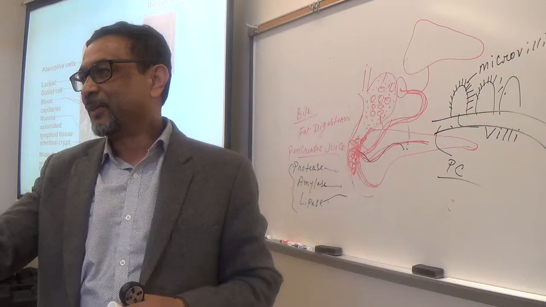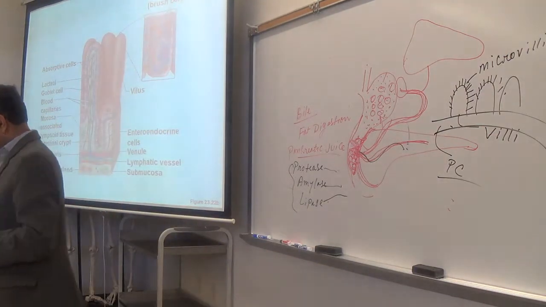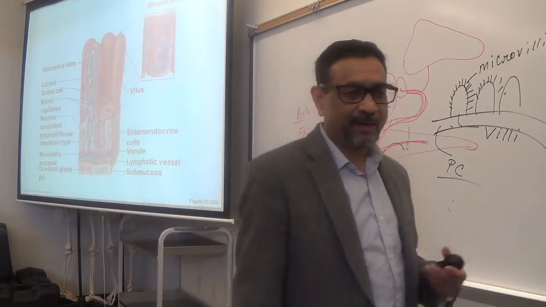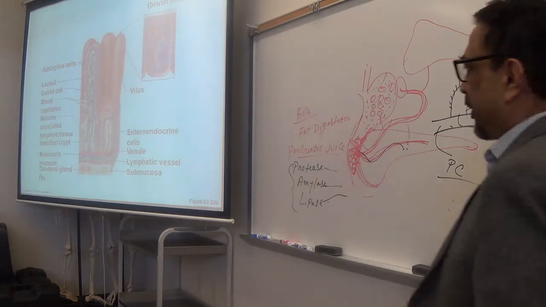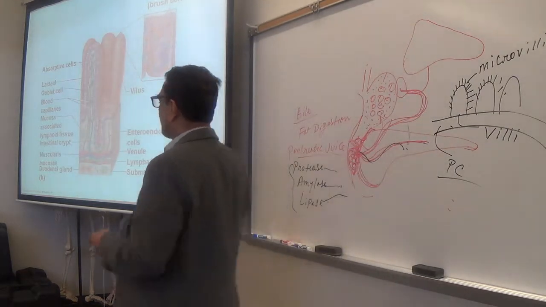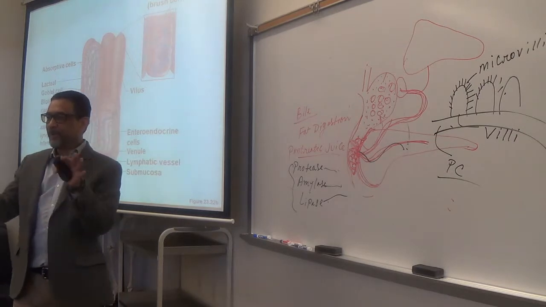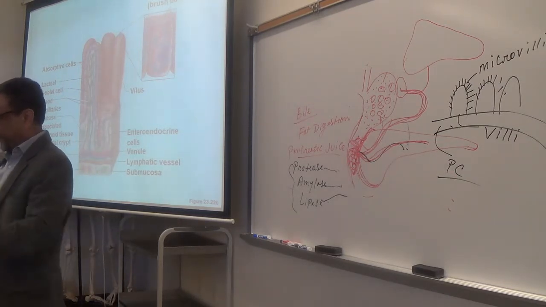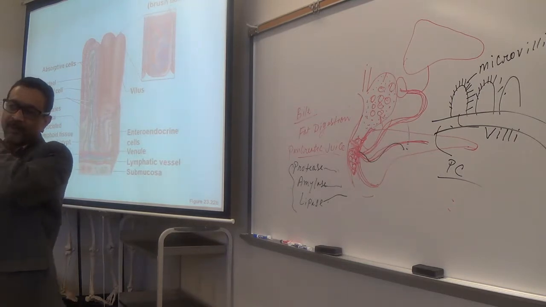Make sense? So fat absorption is helped by lacteals, and other nutrients, proteins, carbohydrates, vitamins, will enter into the blood. But most of the fat molecules will enter into the lacteals, lymphatic vessels. Now you must remember, after the lymph circulates in the body, finally lymph goes where?